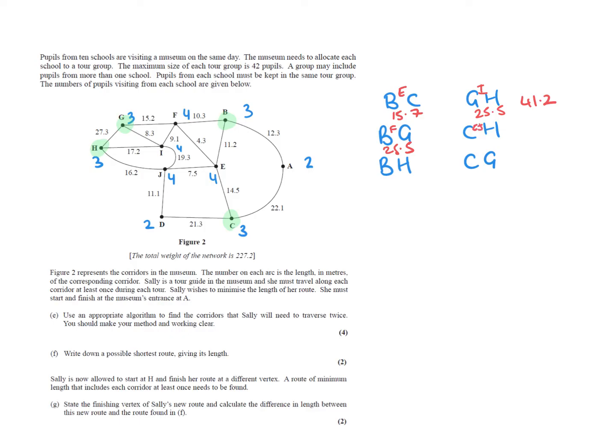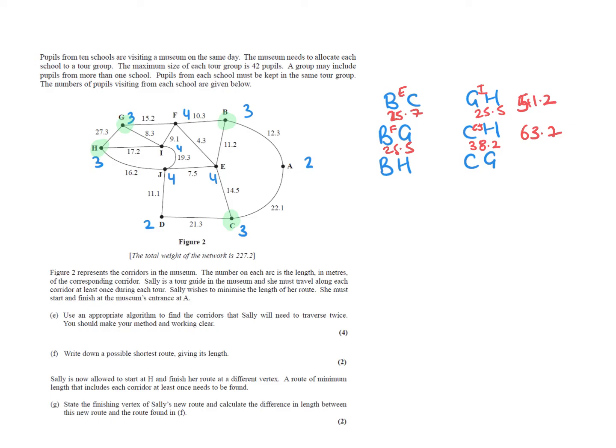That looks about right. And how much was that? 38.2. So this is 63.7. B to H, what did we get? 25.7. That's 51.2.